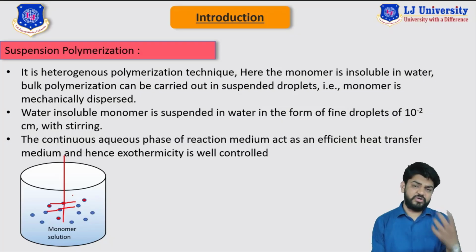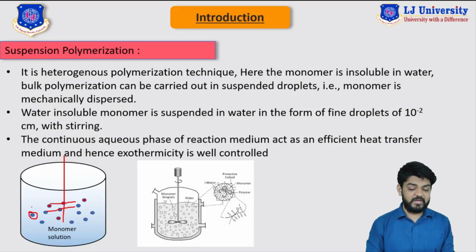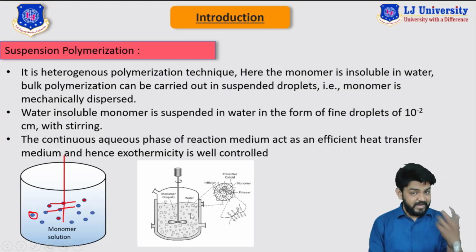And on the application of heat, this monomer will form droplets, right? You can see here in this another image. Now let me just take a pointer. You can see here, this is my entire reaction mass, inside which I am providing one agitator like this, right? So my reaction mass will now be suspended. So what do we mean by suspension?